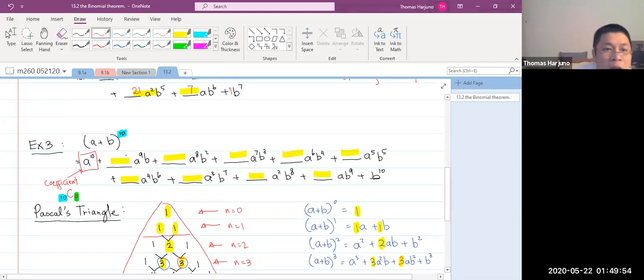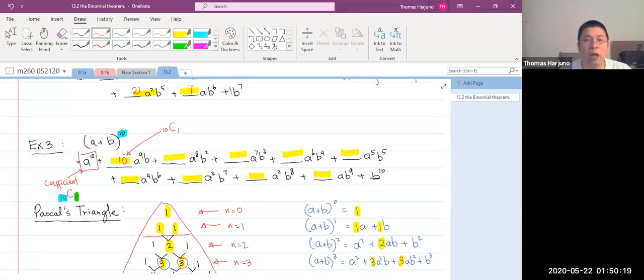Then how about this guy here? This will be 10 combination 1, since the exponent of b is 1, right? Now 10 combination 1, you will see that's 10. Now let me ask you to use your calculator to find this.